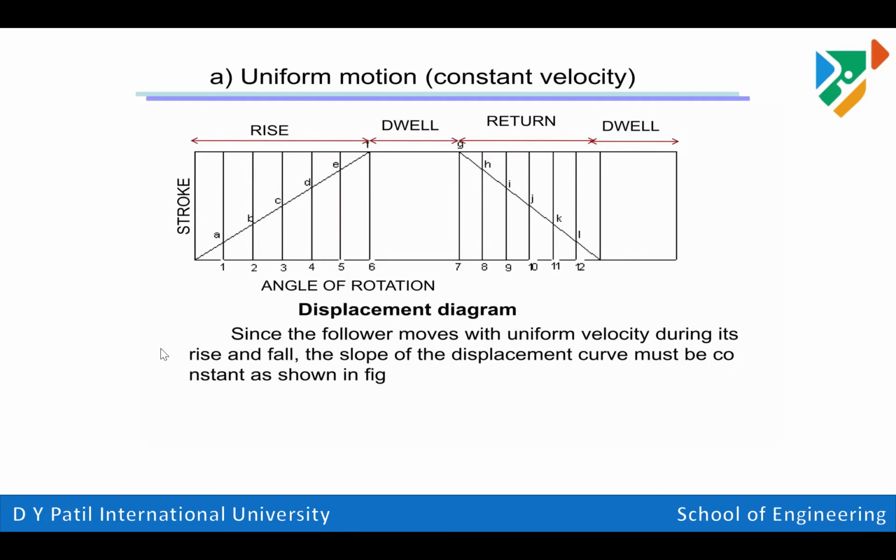dwell, and return. Now to create this displacement diagram with uniform speed, what data do we need to consider? We need to take the value of theta, and while considering theta, we need to assume a suitable scale. We plot the angle of rise, then dwell and return. Then we divide the rise into equal parts, and the return again into equal parts.